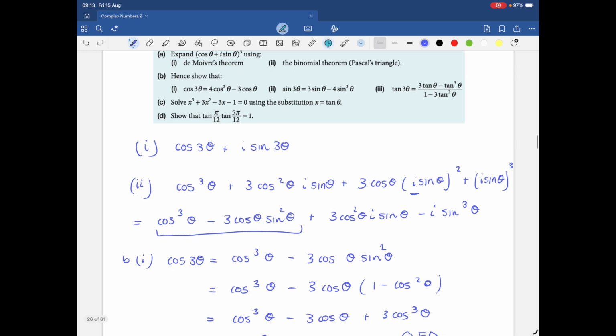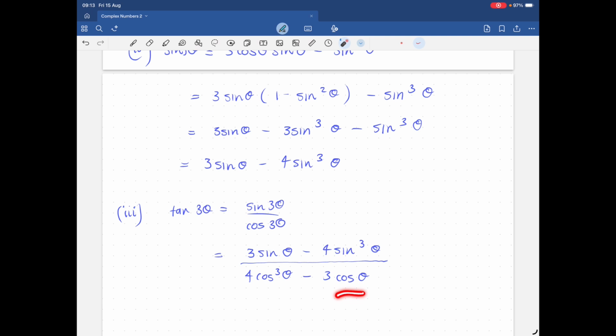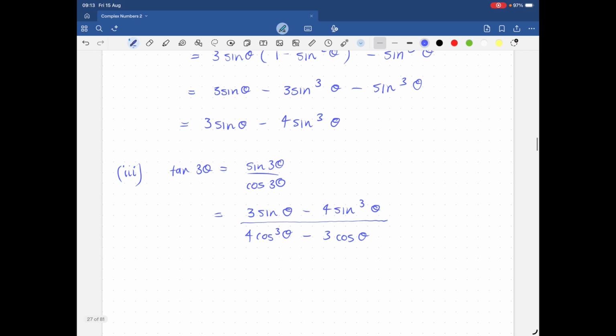Now I'm noticing we've got 3 tan squared θ, and down here we've got 3 cos θ. So we'll see what we can divide this by. Potentially what I'm looking at doing is replacing and factorising a sin θ out from the top. We've got 3 minus 4 (1 minus cos squared θ). And on the bottom we can take out a cos θ. We've got 4 cos squared θ minus 3.